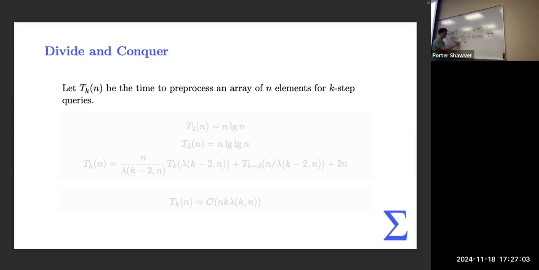The total work for this layer is also 3n. Every layer will have a total work of 3n, and the height is log star.